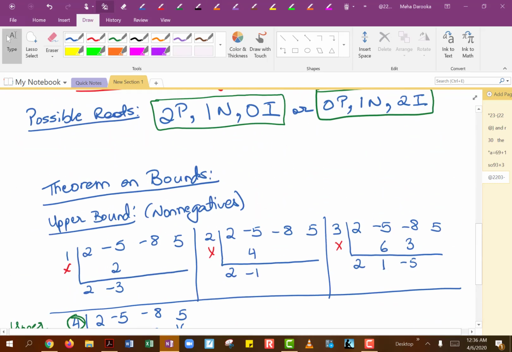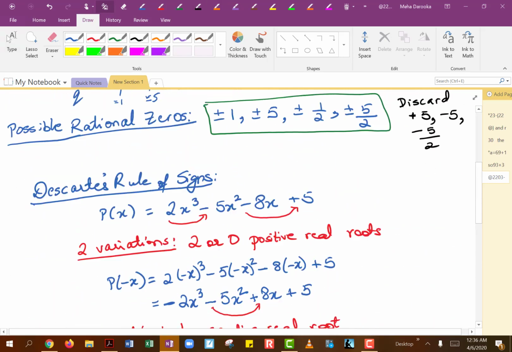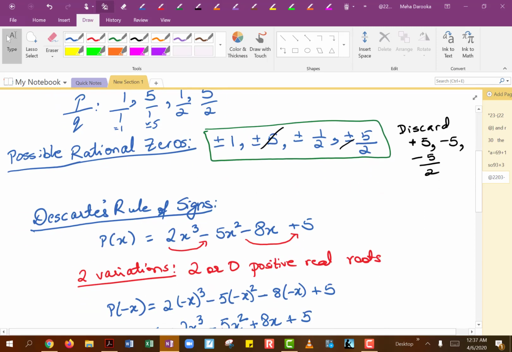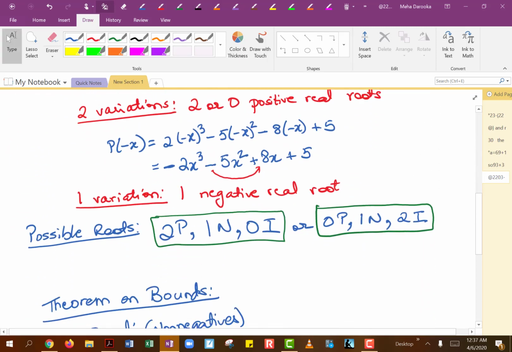So that means, let me go back here. That means these guys are gone. And the negative 5/2 is gone. So remember when we did Descartes' rule of signs, we said we should definitely have one negative real root as part of our solution.